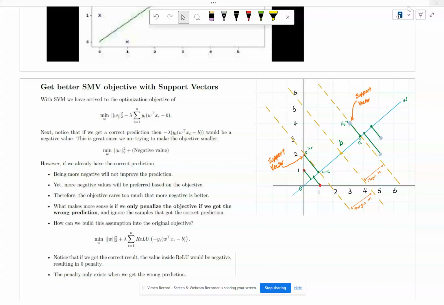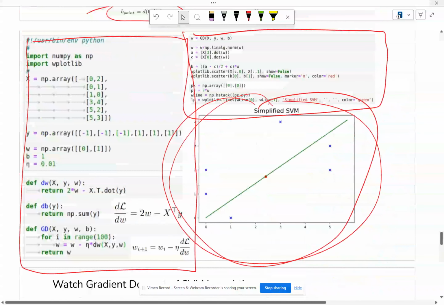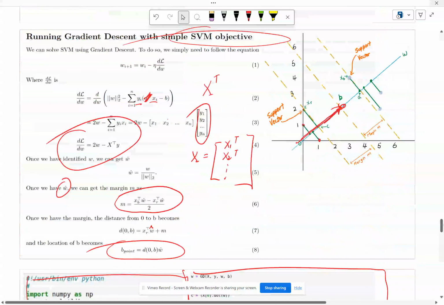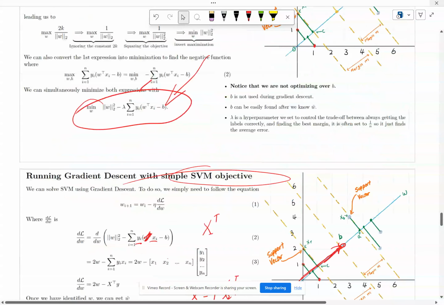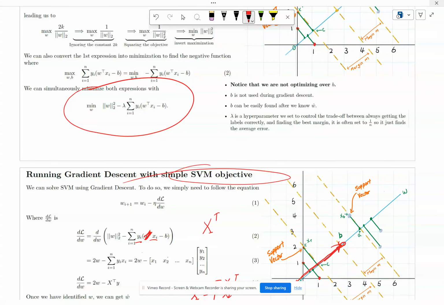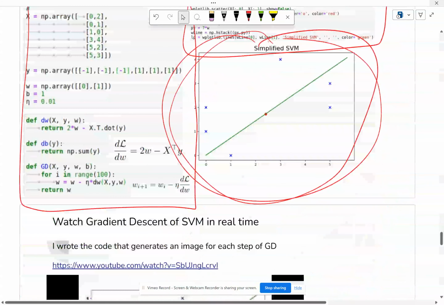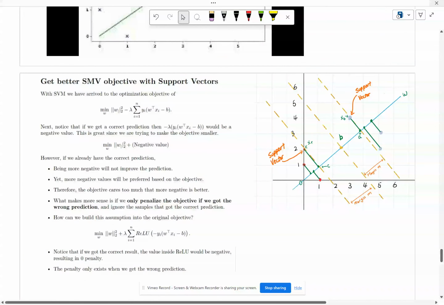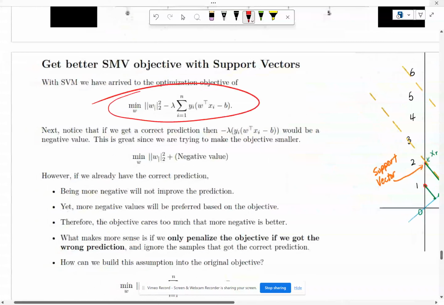Anyways, we went through the most basic case of support vector machine, which results in this objective. Now, there are cases, right? So this is the objective.